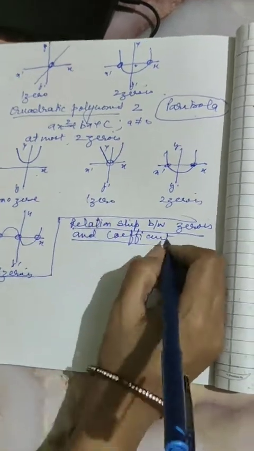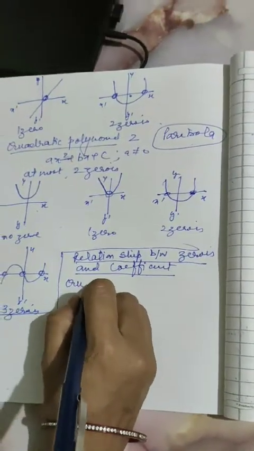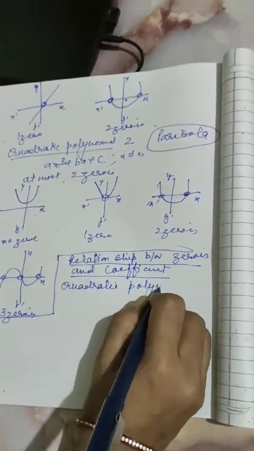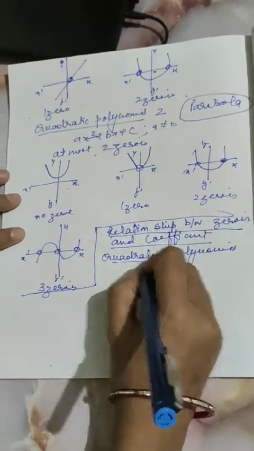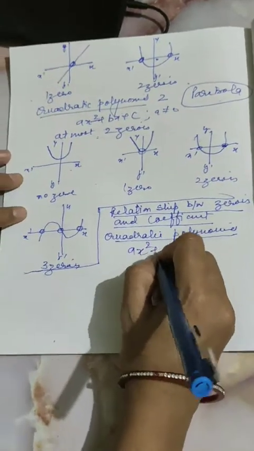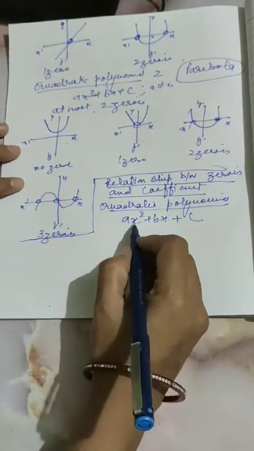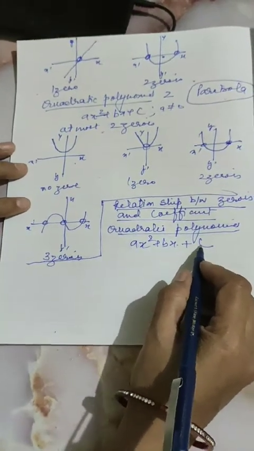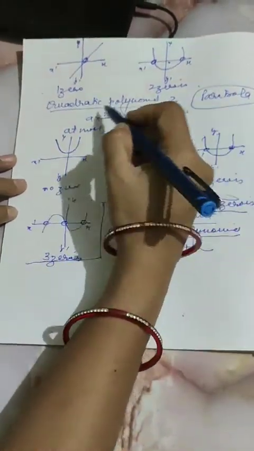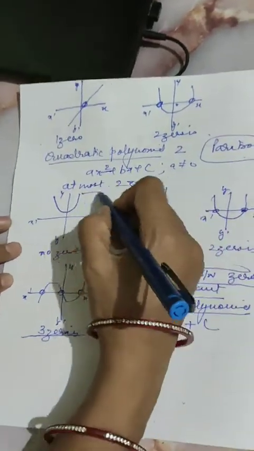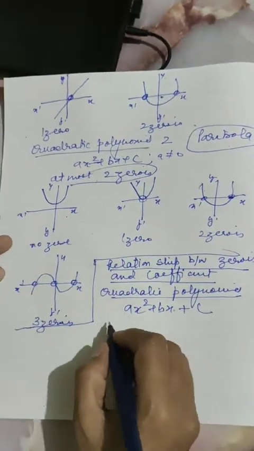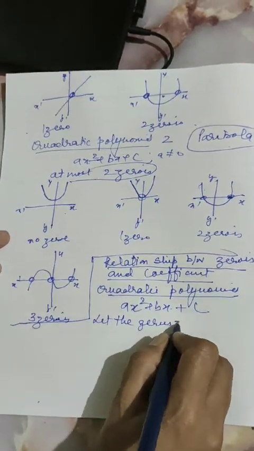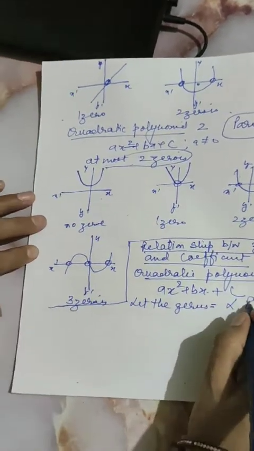Again, I consider the quadratic polynomial, generally expressed as ax square plus bx plus c. You can see the coefficient of x square is a, coefficient of x is b, and c is the constant term. So we said that the quadratic polynomial has at the most 2 zeros. So let the zeros be alpha and beta.